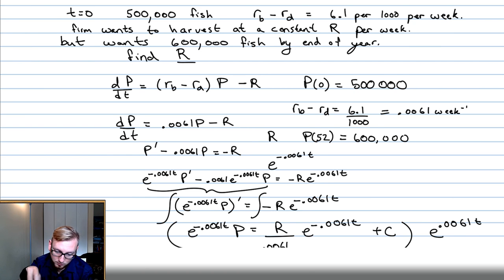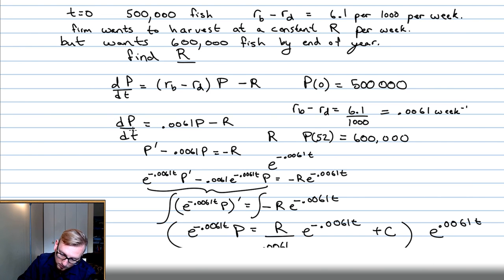Our differential equation, dP/dt equals the birth minus death rate times the population minus our rate that we harvest. We've got our initial at 500,000. Our birth minus death rate is equal to 0.0061 per week. Plug it in, simplify our equation.